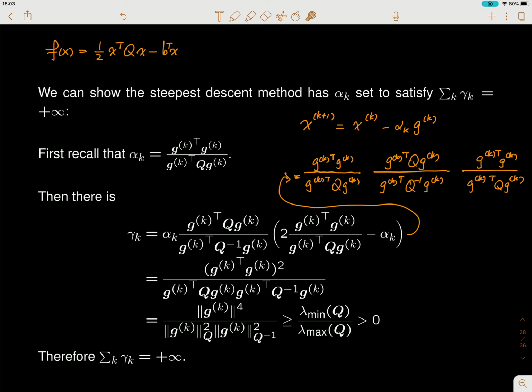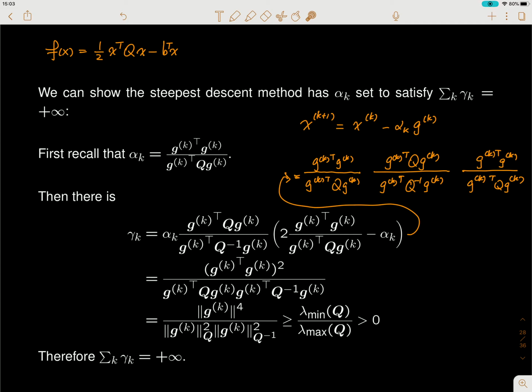So let's take a look at gamma k. The gamma k, according to the formula before, is equal to this, where the step size alpha is a fixed constant, since we choose a constant step size. First of all, this numerator here is greater than or equal to the minimum eigenvalue.